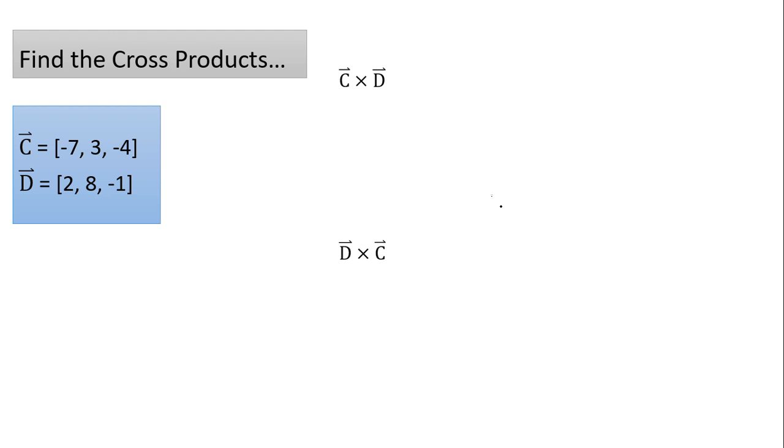We're going to try a couple more, and once again we're going to compare what the cross product of C cross D looks like compared to D cross C. So same thing, I, J, K, I, J, K, and this time we have -7, 3, -4 and 2, 8, -1.